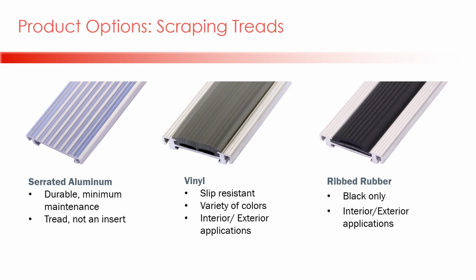Like the vinyl tread, they provide good slip resistance, good scraping action, and require little maintenance. The options using new material include extruded rubber treads similar in shape to vinyl treads. They are non-absorbent and available only in black.